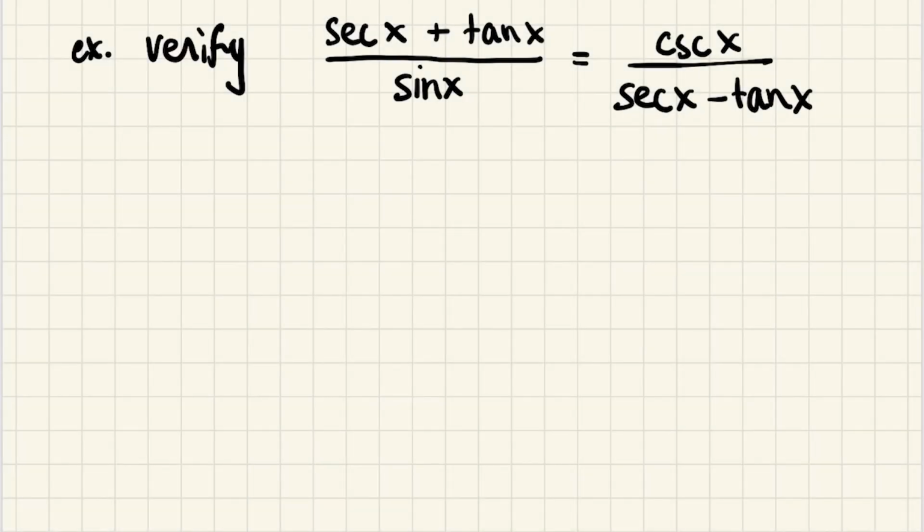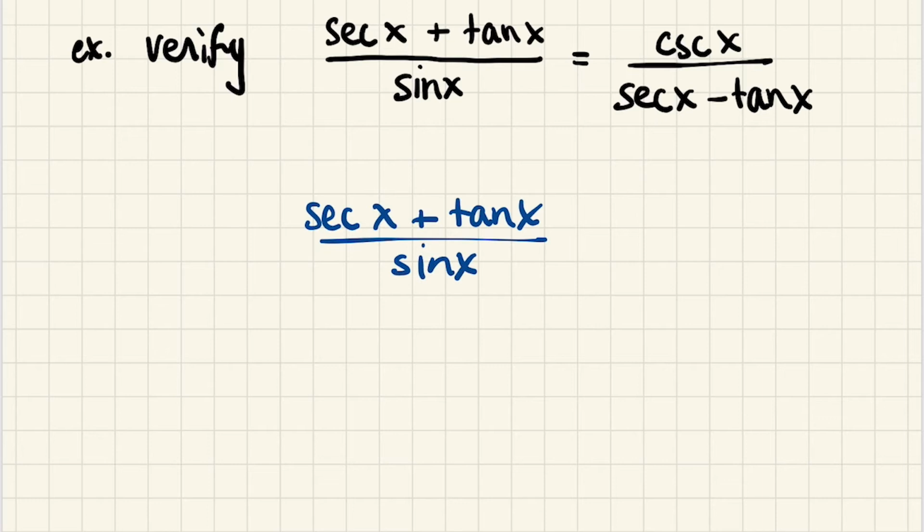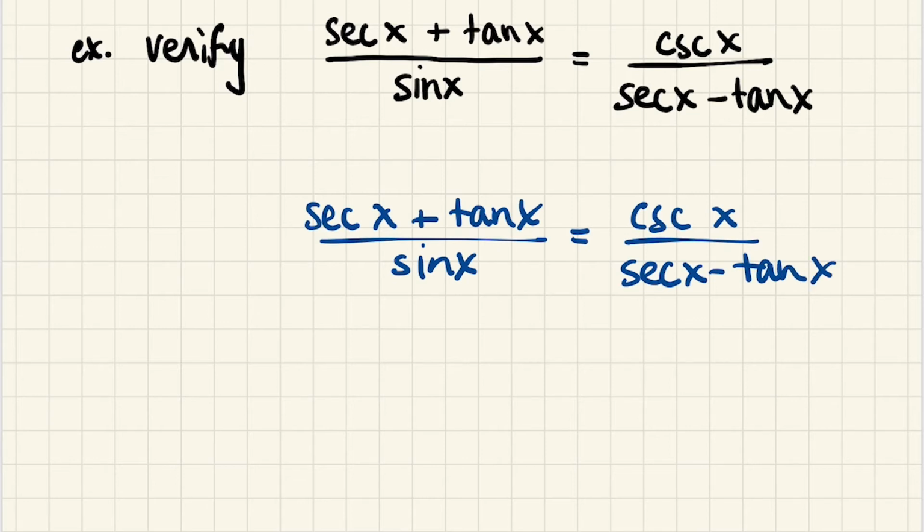Okay, let's verify this interesting looking identity. First of all, let me remind you that at no point are we allowed to equate the identities. So this particular identity really tempts us to do that because it looks like if you just cross multiply, you're going to get something really clean out of this.